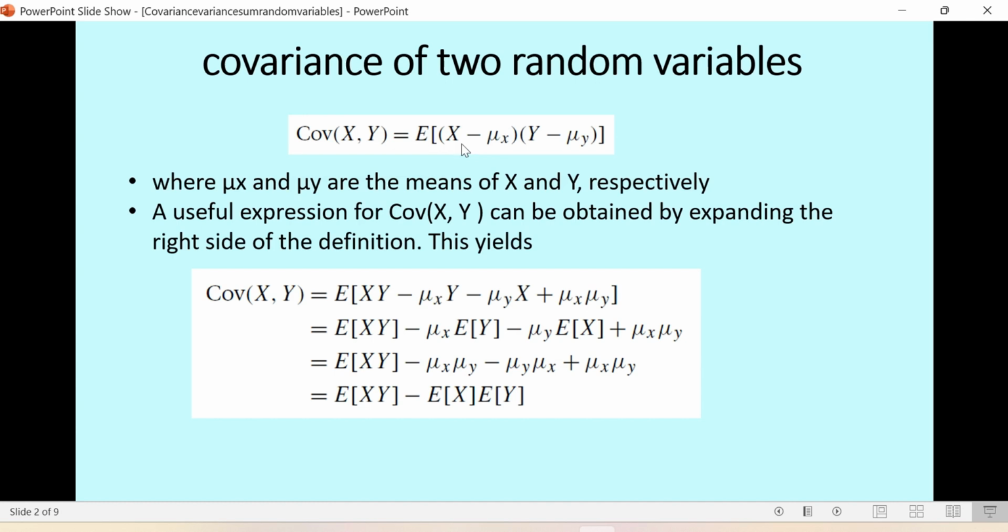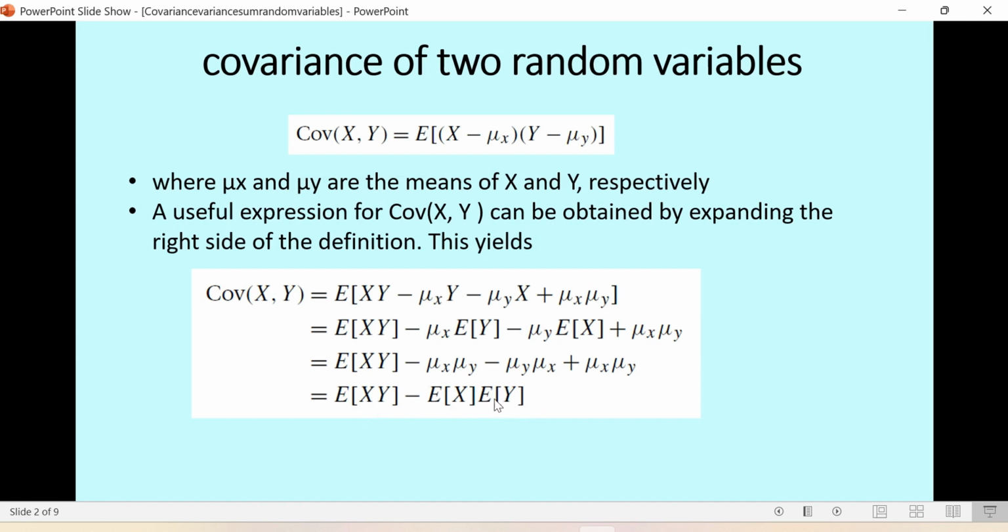If we expand the covariance, we get the expectation of XY minus mu_x times Y minus mu_y times X plus mu_x mu_y. So the result will be E[XY] minus E[X] times E[Y].